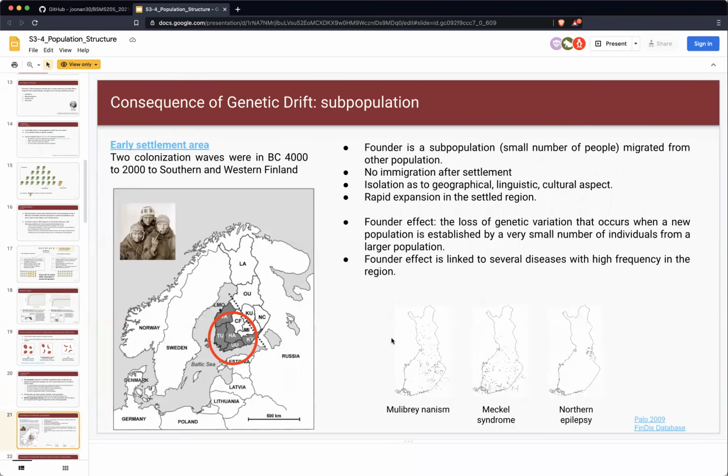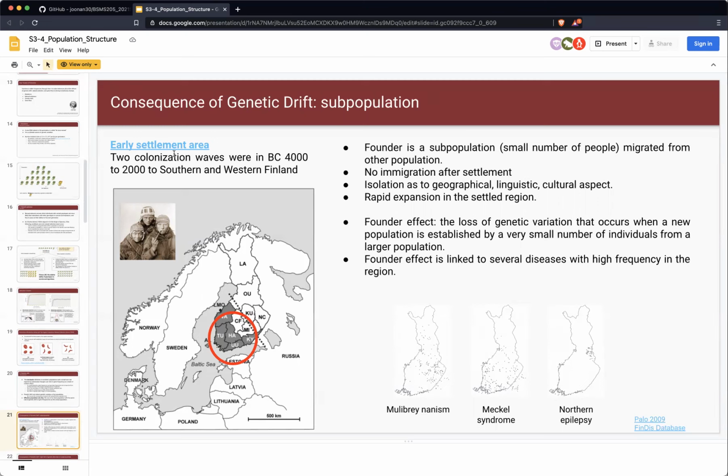One example of genetic drift in our history is the Finnish people. I think I explained last time, the Finnish people experienced quite a unique history of subpopulation migration. In their geographical area, lots of different tribes migrated into the area, settled down, and expanded their population size over a long history.